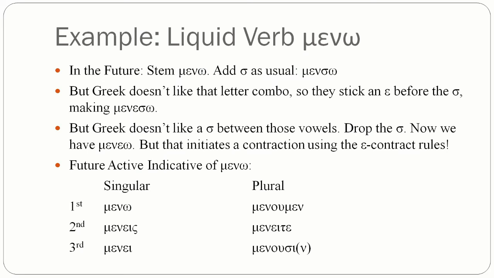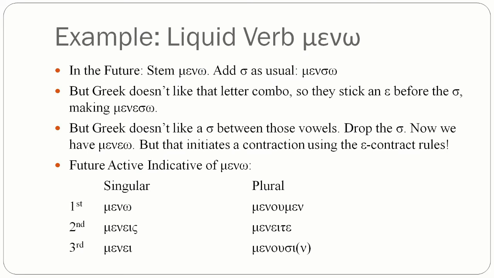However, another big however here, Greek does not like a sigma between those two vowels, epsilon and omega. So we're going to drop the sigma. Now that is why your liquid verbs do not have a sigma in the future tense, because we have all this stuff going on behind the scenes. We're dropping the sigma, then you have meneō.